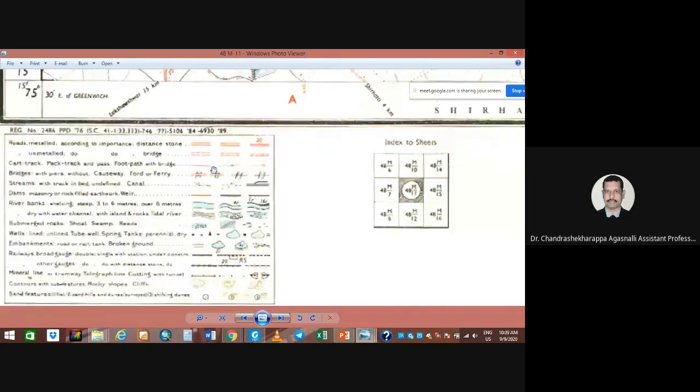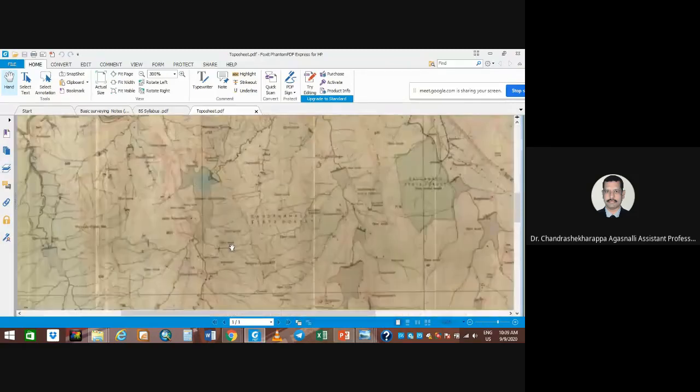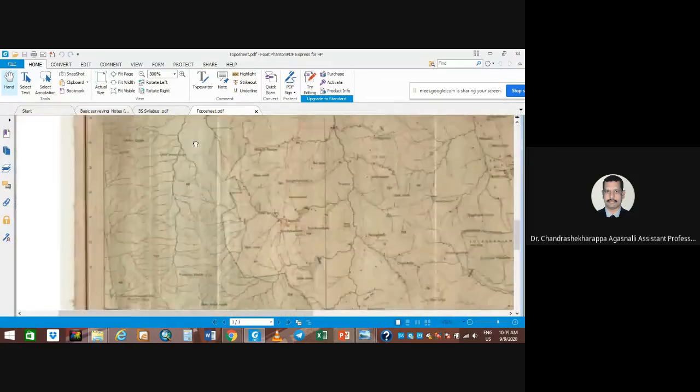Unmetalled roads, the dotted lines indicate the unmetalled road, and metalled roads are indicated by continuous lines. Okay, and there will be a track, footpath, and bridges. These are the symbols. It may not be visible properly there. Let me check with the other map. This is a little bit blurred.